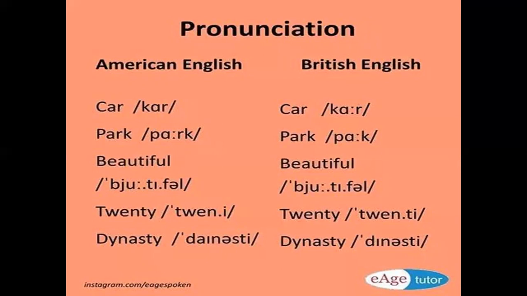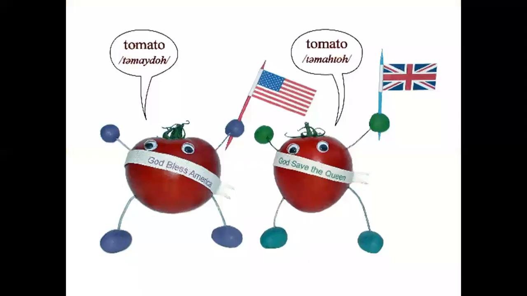You will say twenty in American and twenty in British. You will say dynasty in American, and dynasty in British. So you will have minute differences in pronunciation of American and British English.